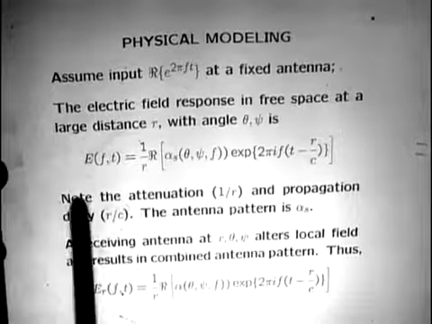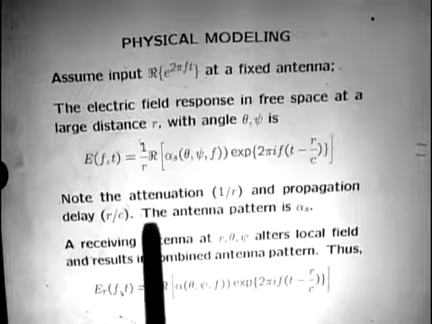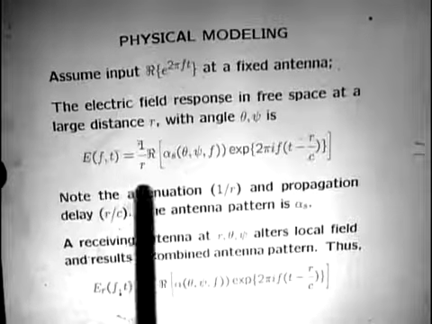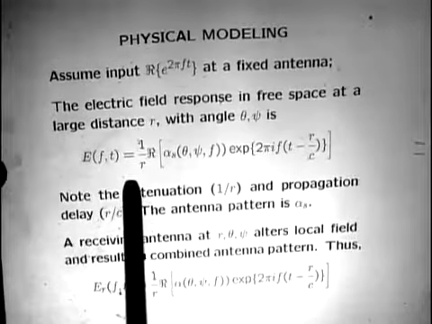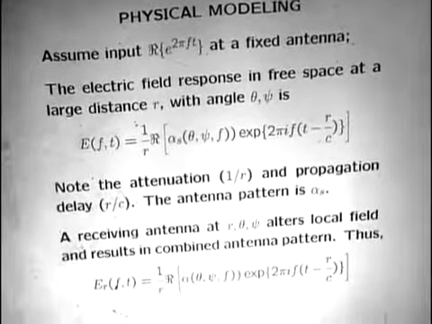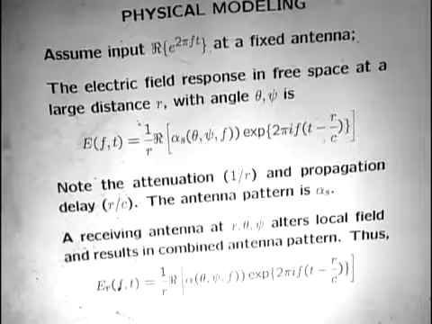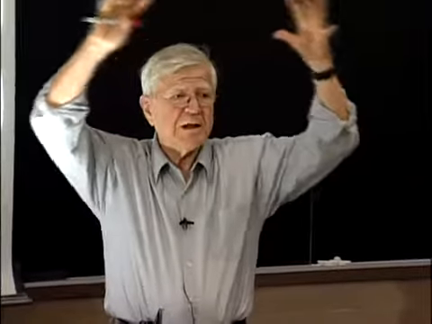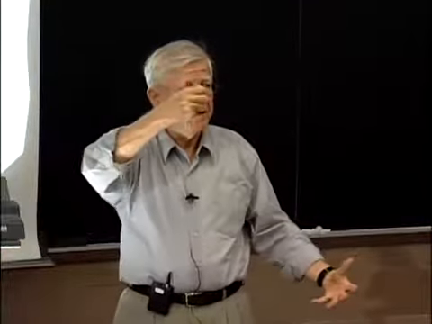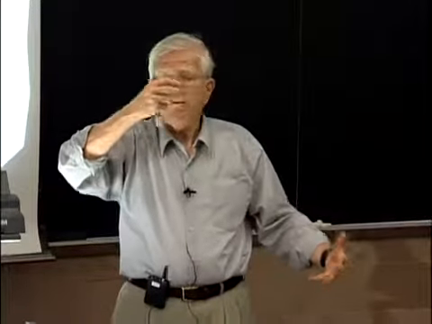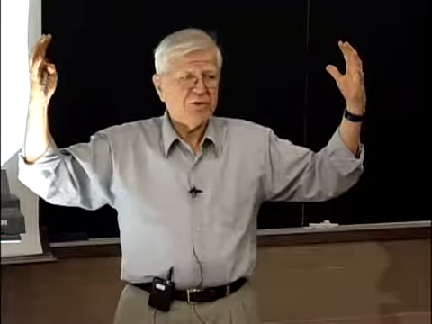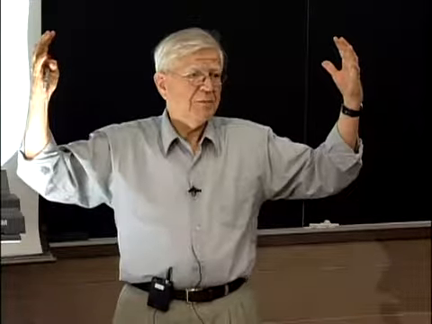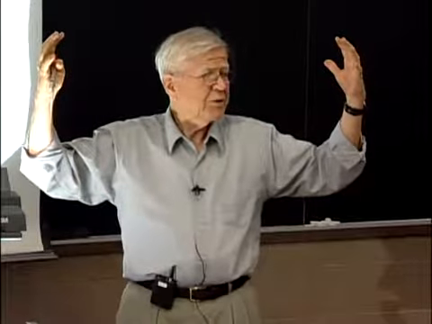But anyway, this far field has a very simple kind of behavior, because it has to go down as 1 over r, the distance from the radiating antenna. How do you know that? Well, if you look at a sphere very far away from the radiating antenna, you find the field is radiating outwards, and you look at how much energy is radiating outwards.